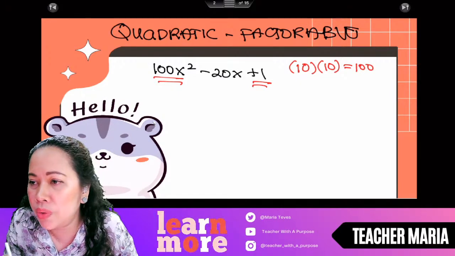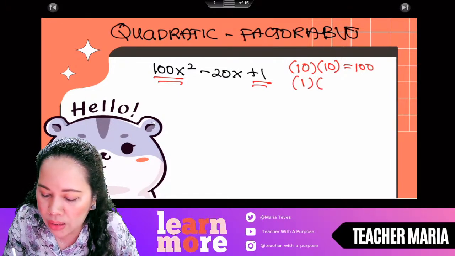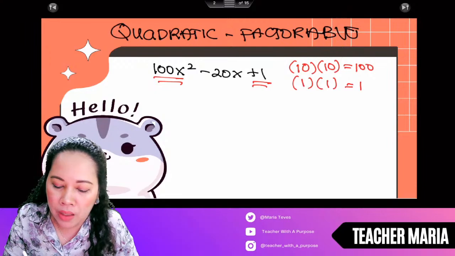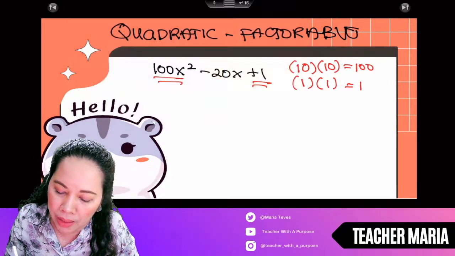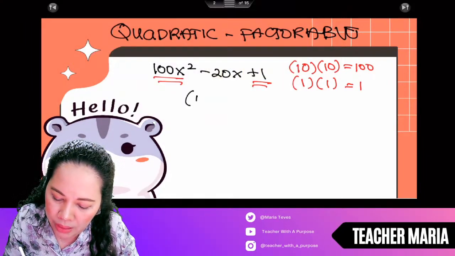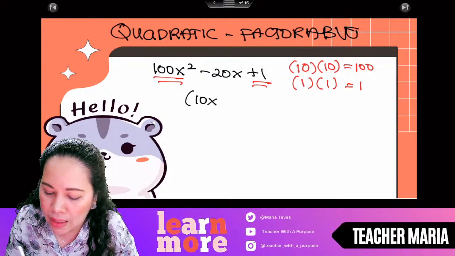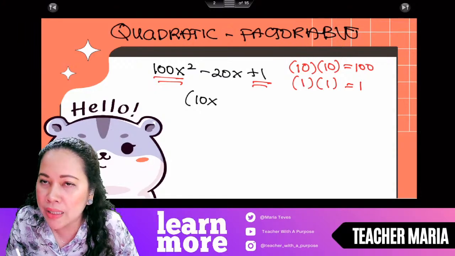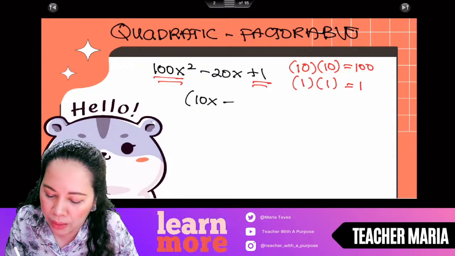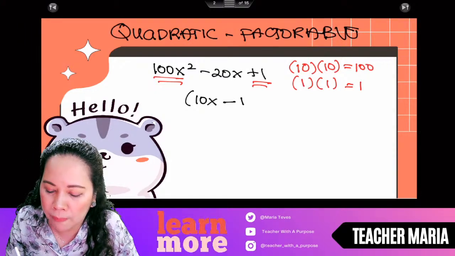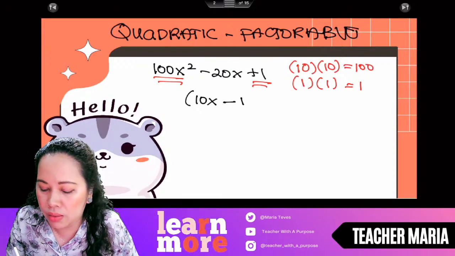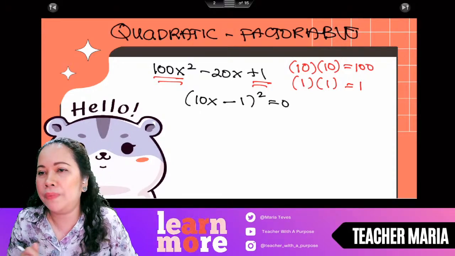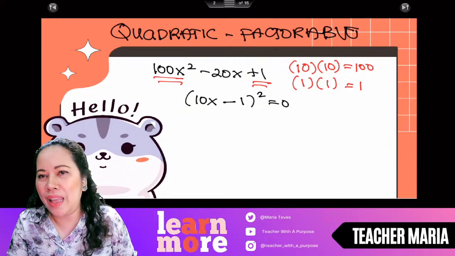And of course, the root for 1, which is 1. 1 times 1 will be 1. All you need to do is copy the root of 100. So that's 10x. And since it's a minus, and this is a plus, you just need to place minus 1 and then square equals 0.